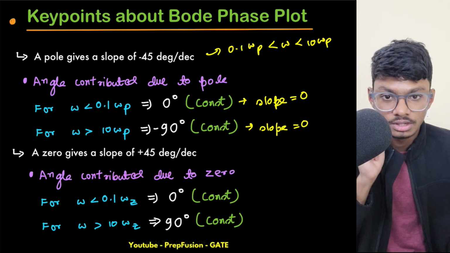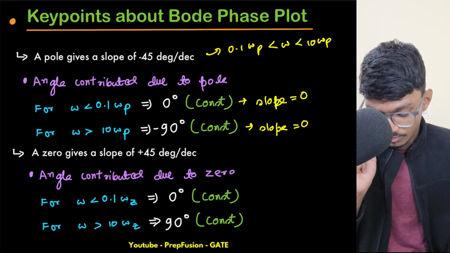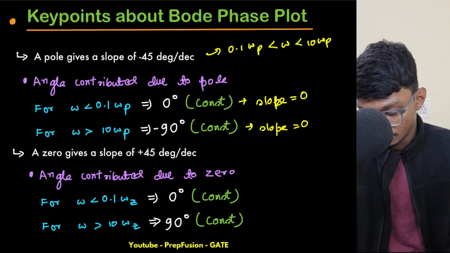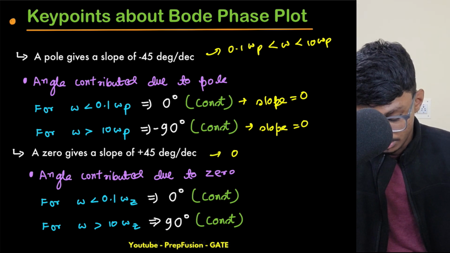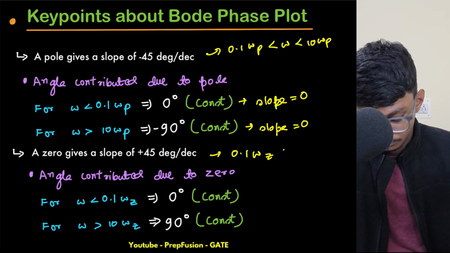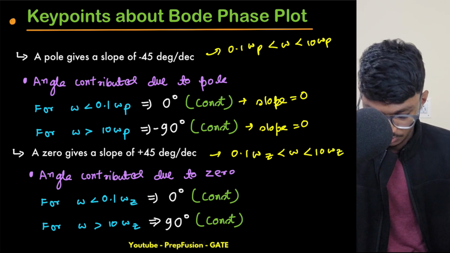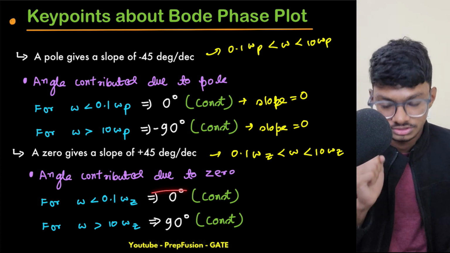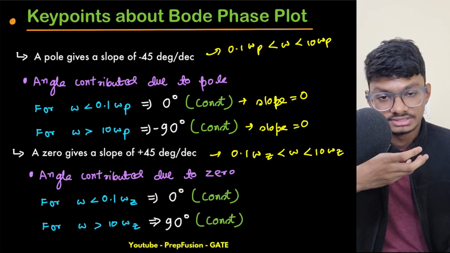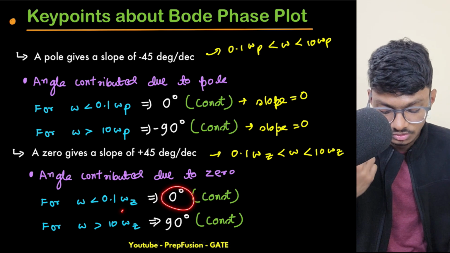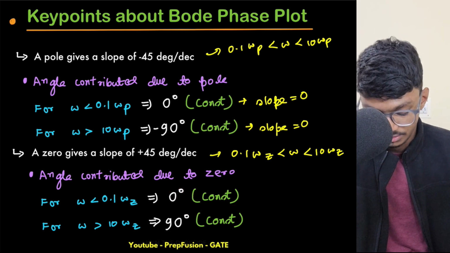The range will be the same, from 0.1 omega z to 10 omega z. And for the angle contributed by the zero, if omega is less than 0.1 omega z, it is 0, and the slope is 0 obviously.